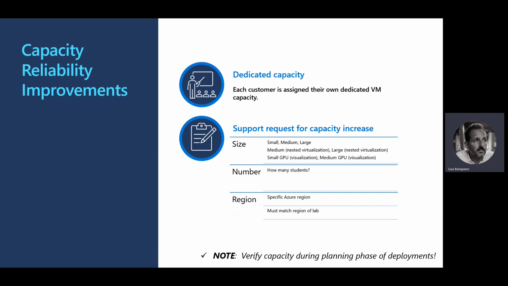So what we do now is that we require you to ask upfront, before you run a class, for how many VMs you need, the size, and the region you want them in, so that you are sure and we are sure that when the time comes to run the class, all the cores are available and there are no bad surprises at that point. So remember to do that.